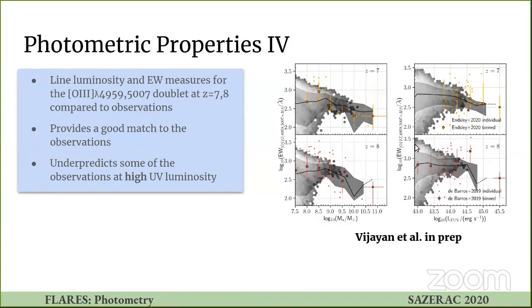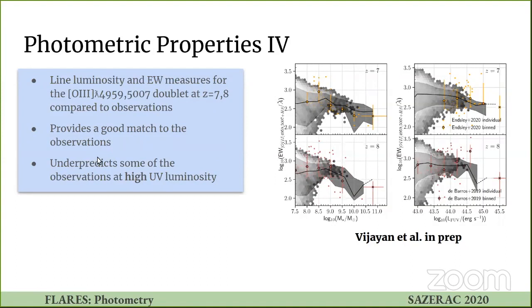This could be because we don't model the effect of AGN on the luminosities that we are generating. So this is something that could explain the lack of high equivalent width galaxies, and we are looking into it with one of Steve's students.